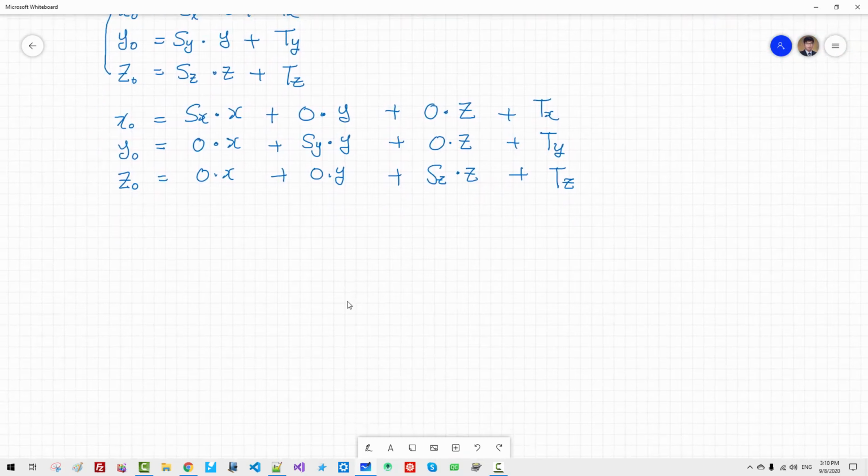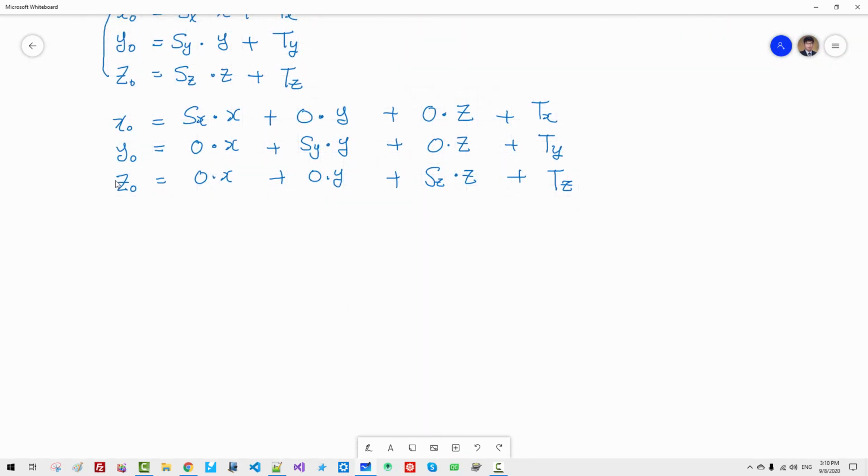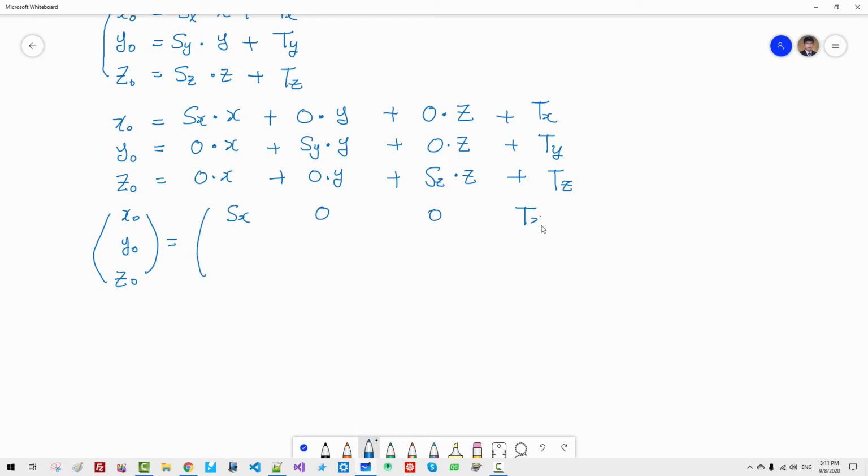Now we represent this system of equations as a matrix.